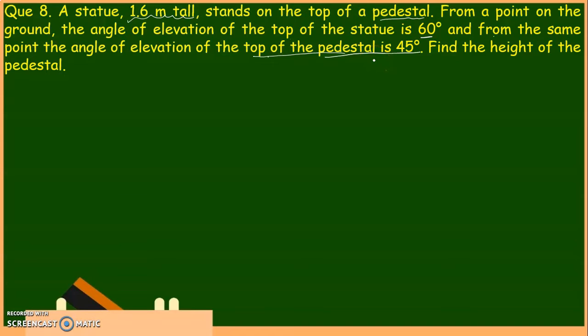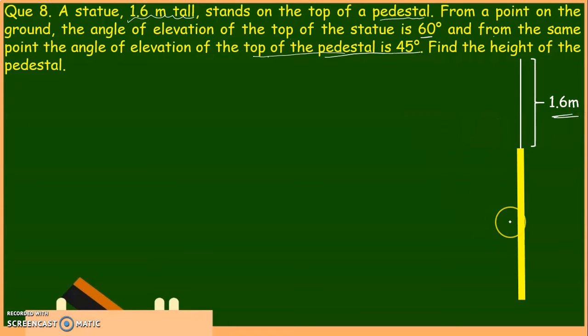Read the question once again and draw the diagram. Here the 1.6 meter tall statue is on the top of the pedestal. Let's say this is the pedestal, and here we have the statue. This is the height of the statue, 1.6 meter. The height of the pedestal is what we need to calculate.